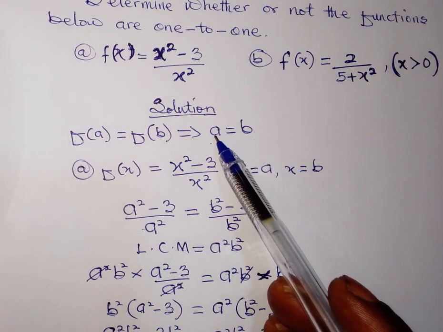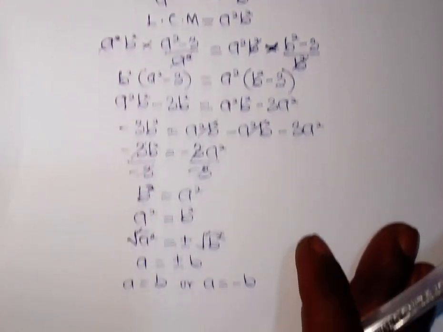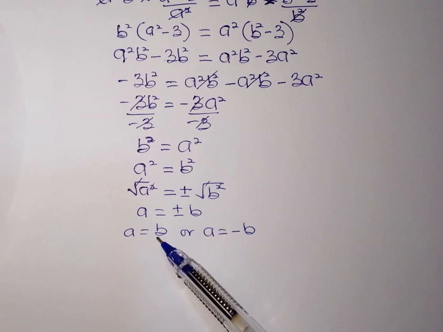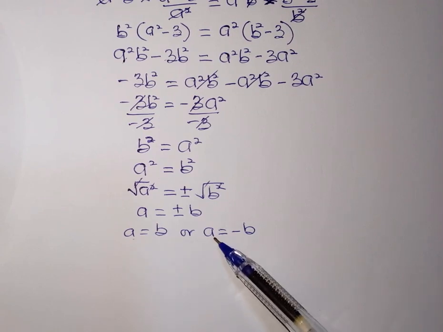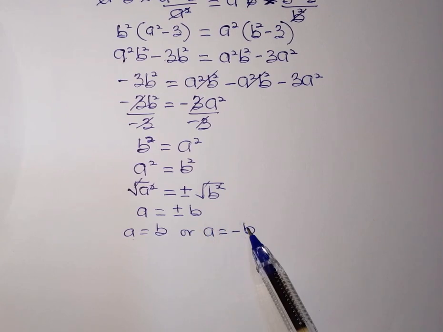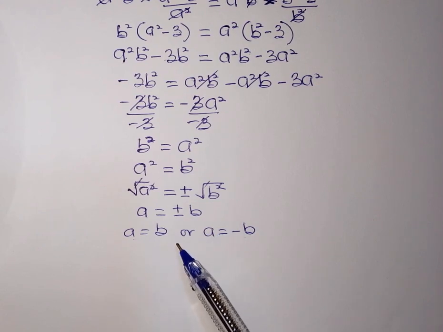A, which is positive, should be equal to b, which is also positive. But in our case, one of the solutions is a equal to positive b, but looking at this one, we have a is equal to negative b.